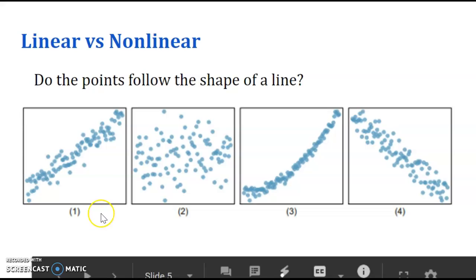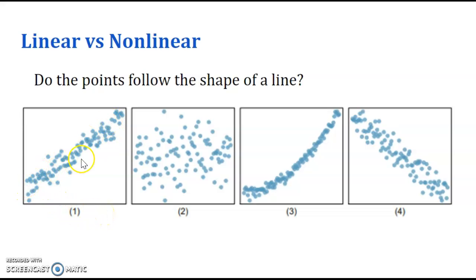Okay, so now let's talk about the shape of associations. Remember, all these little blue dots represent just someone or something's data. But when you just see one data point, it doesn't tell us much. But when you see many data points, you can start to see a trend that you can use to generalize. So do the points follow the shape of a line?